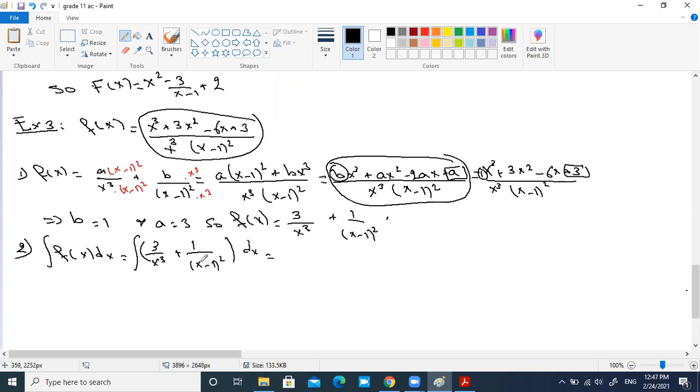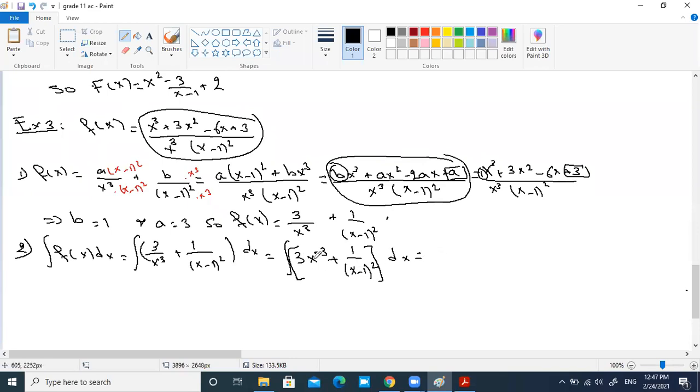It's simple to find this integral. x power 3 in the denominator becomes x power negative 3 in the numerator, so you get 3 x power negative 3. This one you can use the shortcut, no need to change the expression.